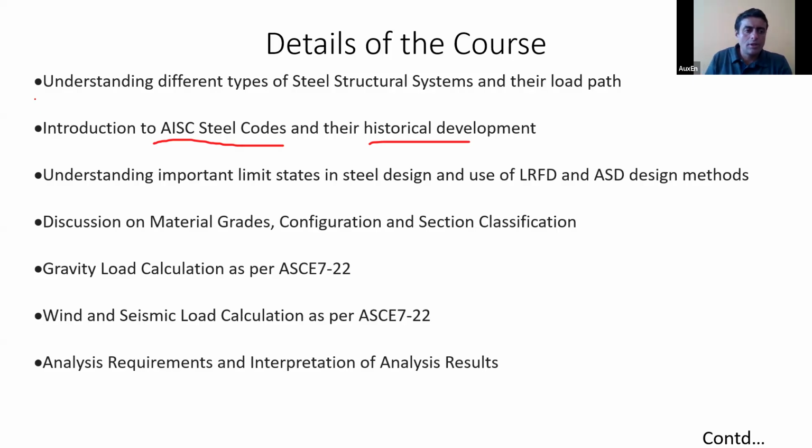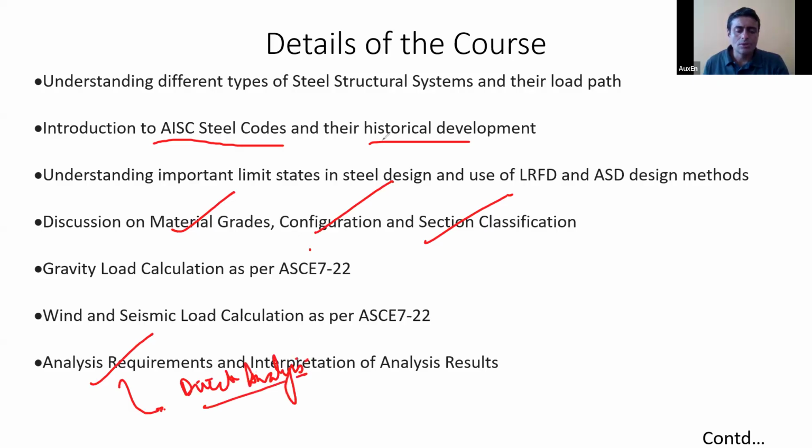And then these are the list of topics: discussion on material grades, configuration, analysis requirements. So yesterday someone was asking whether you will be discussing the direct analysis method. In the AISC 360, there is this direct analysis method, which talks about the stiffness modification, which talks about including the secondary effects, which talks about including the notional loads.